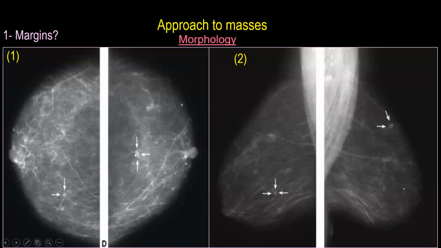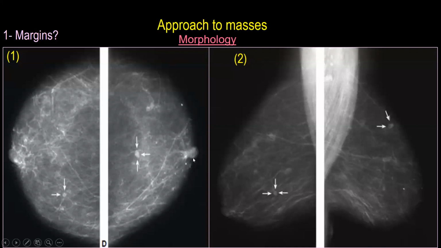Regarding the margin, for this one and this one only. This and this. Circumscribed, partially obscured. Partially obscured by what? Can you see any parenchyma adjacent, a vessel or something, or one line coming here?